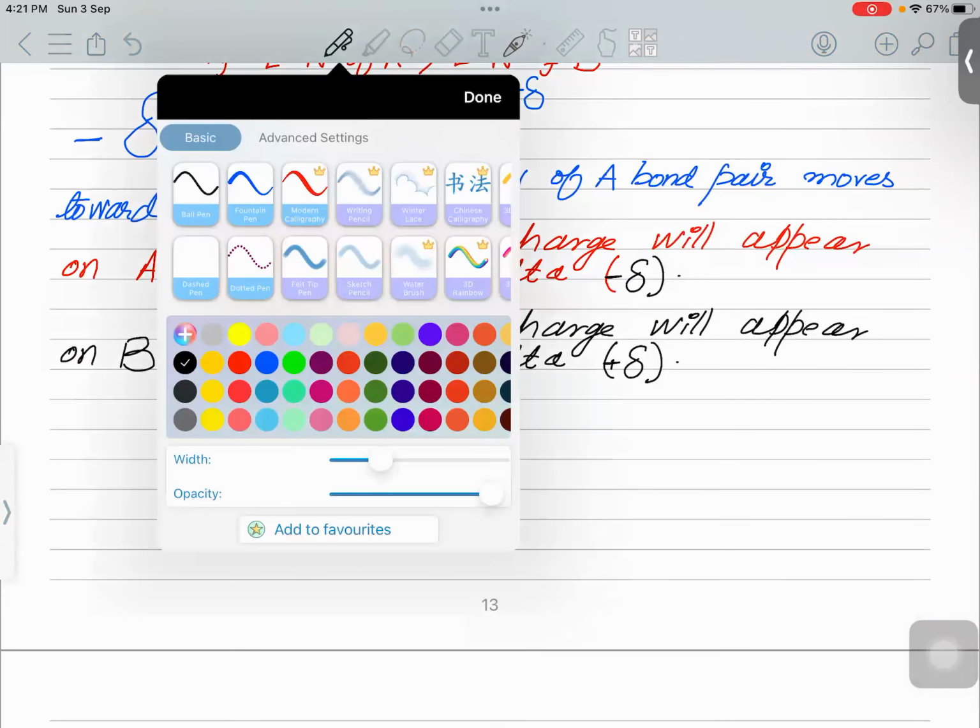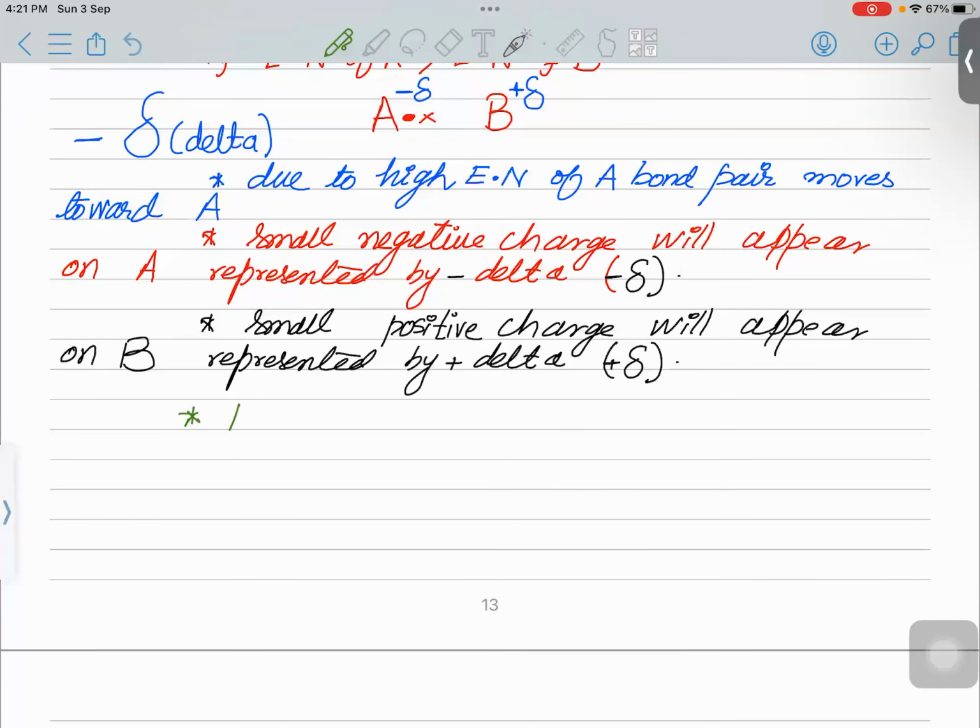Next point, as a result, two poles, plus delta and minus delta, are formed.